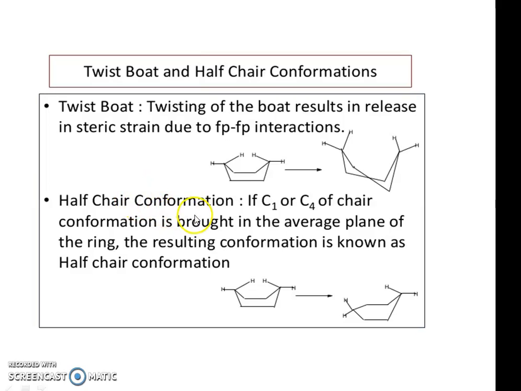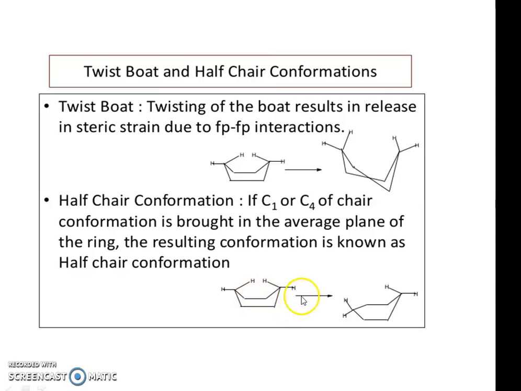Half chair conformation is obtained if C1 or C4 of the chair conformation is brought into the average plane of the ring. If C1 or C4 of the chair conformation is brought into the average plane of the ring, the conformation is known as half chair conformation.